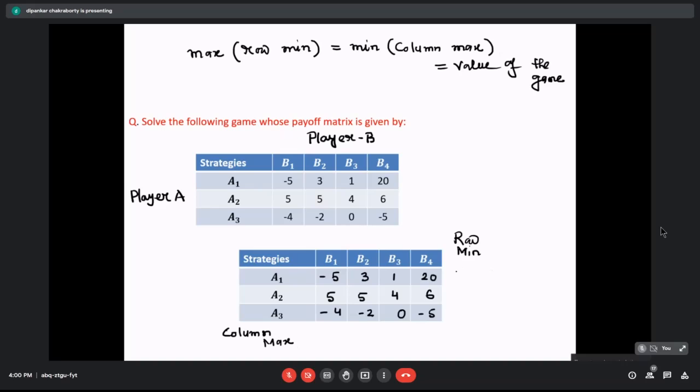So row minimum will be what here? Minus 5. Here it is going to be 4, right? And here it is going to be minus 5. And column maximum is what? 5. It is going to be 5. It is going to be 4, and it is going to be 20.